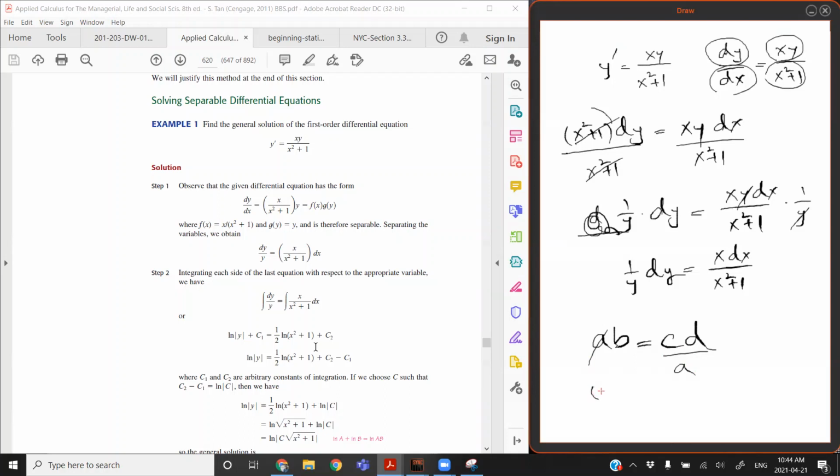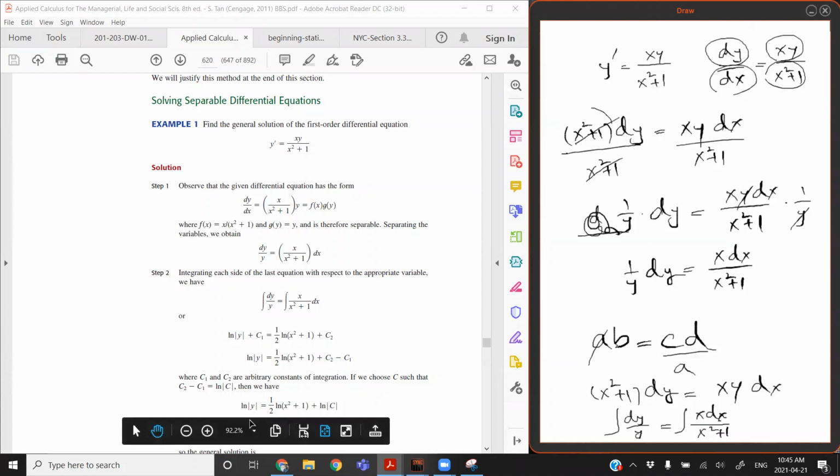When I look at something like x squared plus 1 dy is equal to xy dx, I say, okay, I want y on the other side, so it will be at the bottom. So I get dy over y is equal to x dx on top here, and then this needs to go on the other side. It will appear at the bottom. Make sense? And then you're going to take the antiderivative on both sides. So let's do that.